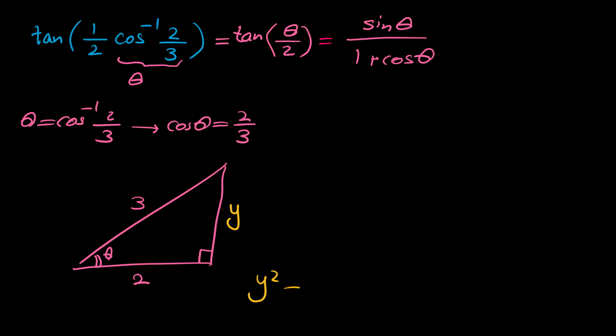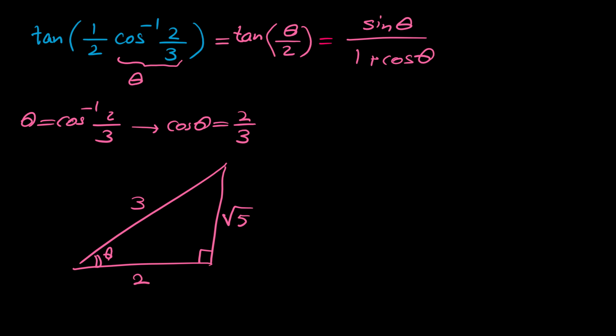Then y squared plus 2 squared is 3 squared. If we solve this for y, y squared is 9 minus 4, so y equals radical 5. The length of this side is radical 5.